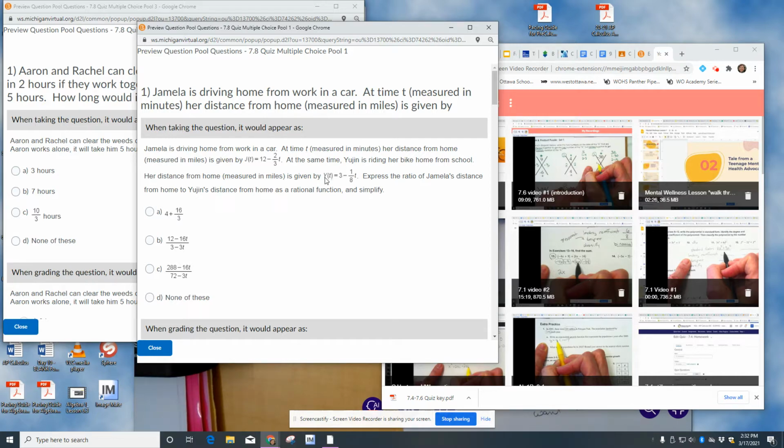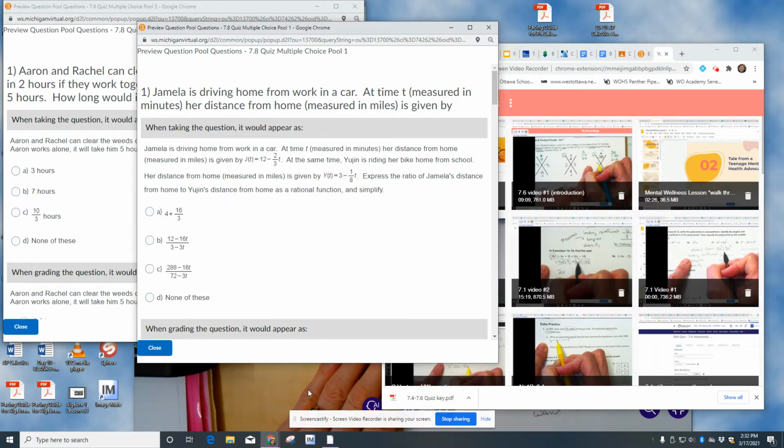Time is your input, distance is your output. And then it says express the ratio of Jamela's distance from home to Eugen's distance from home as a rational function. So they are just asking you to take these two rates and put them into a fraction.